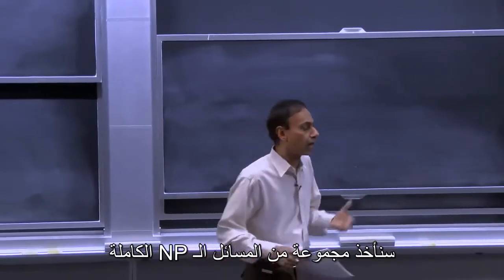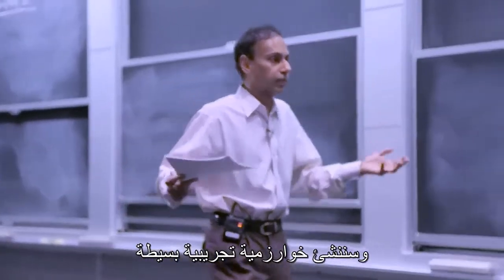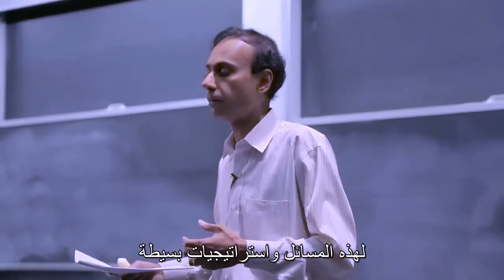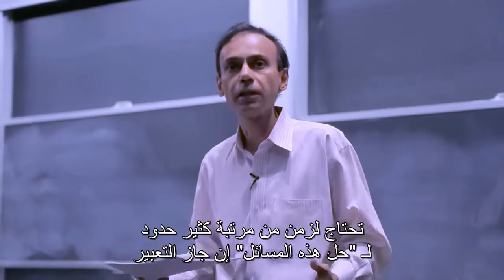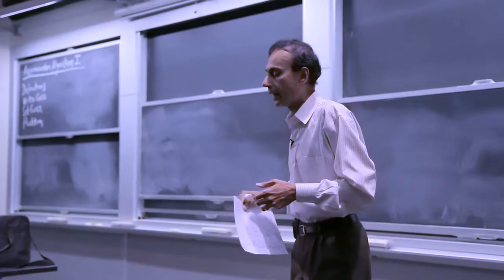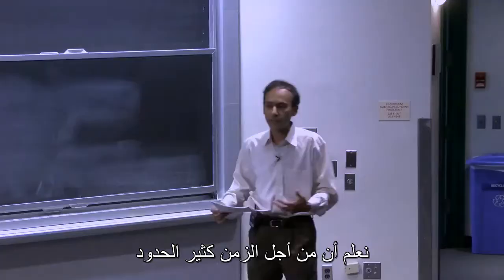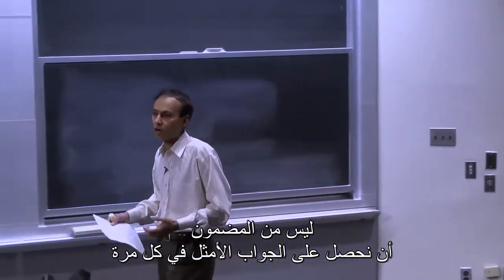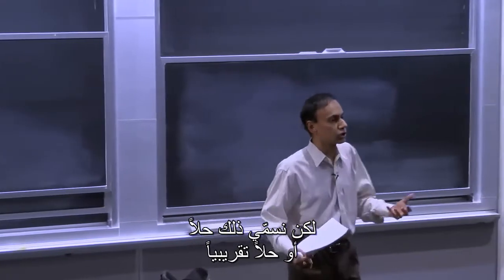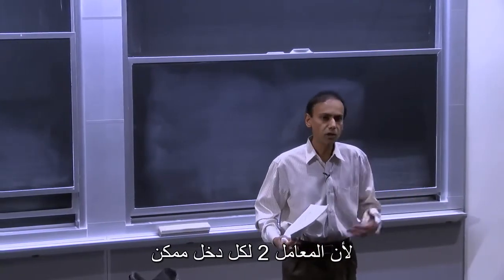We're going to take a bunch of NP-complete problems, and we're going to create simple heuristics for these problems, simple strategies that are polynomial time to, quote, solve these problems. And what does it mean to solve these problems? Well, if it's polynomial time, you're not guaranteed to get the optimum answer every time, but you'll call it an approximate solution, because you're within a factor of 2 for every possible input.